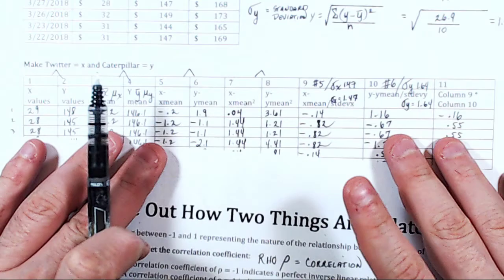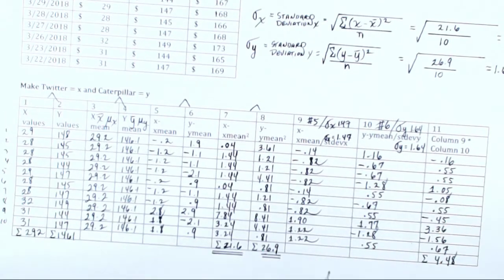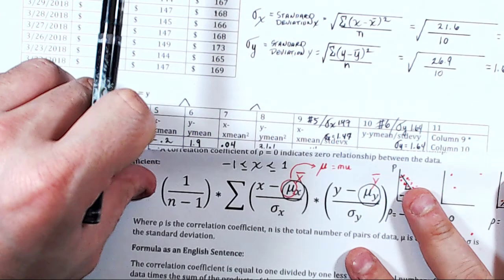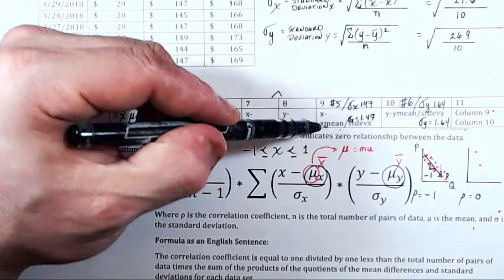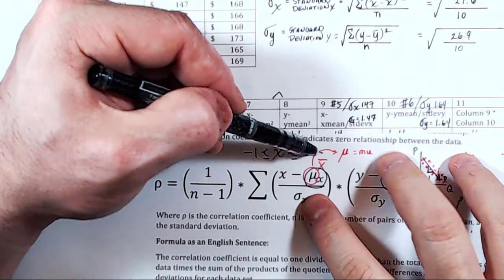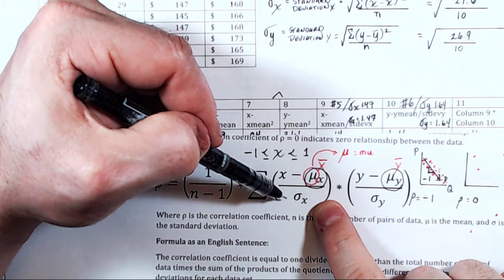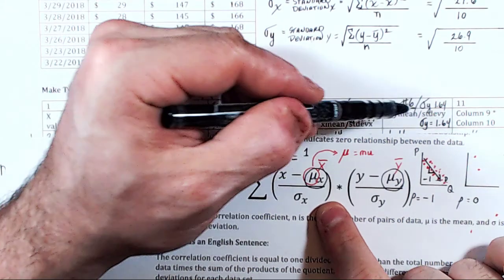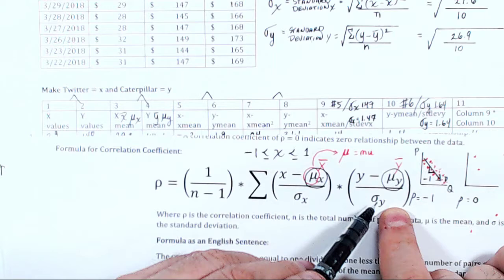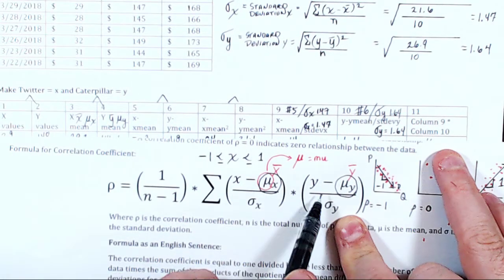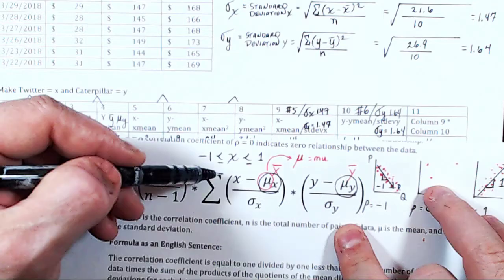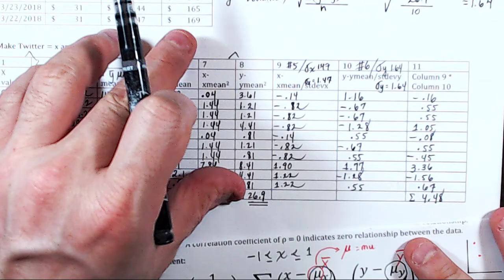Let me fold this. Here, look at the formula. See what you did already. X minus x mean divided by the standard deviation of x, and then y minus y mean divided by the standard deviation of y, and then in column 11 we multiplied them together. At the bottom of column 11, I added them all up.